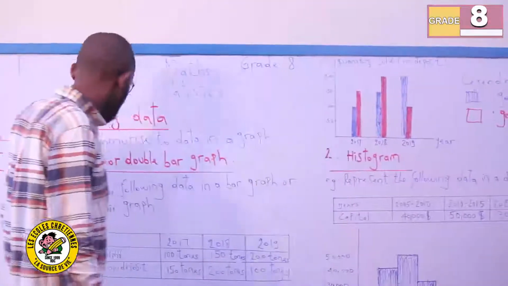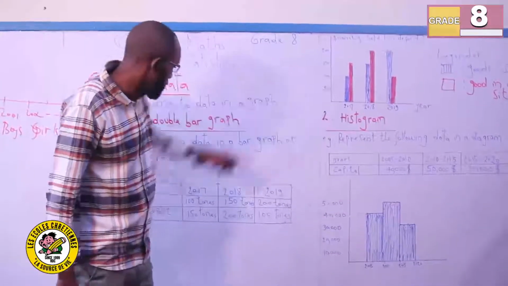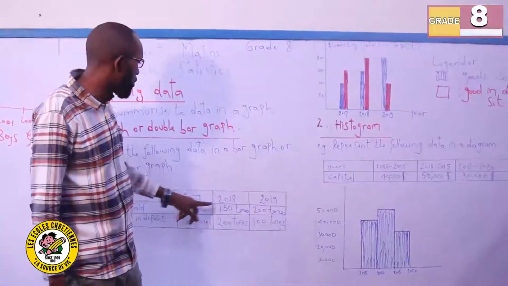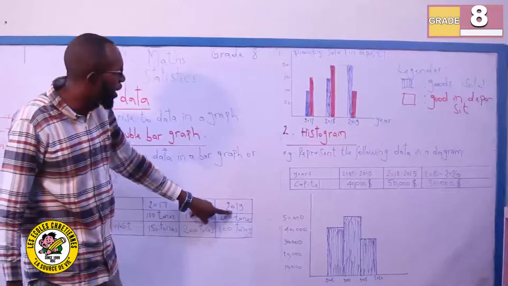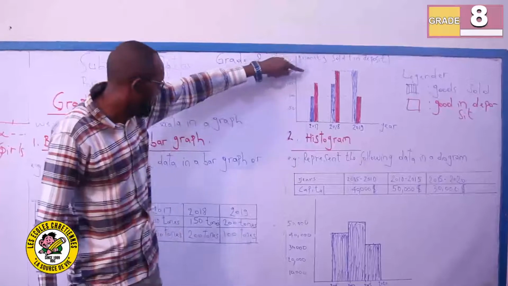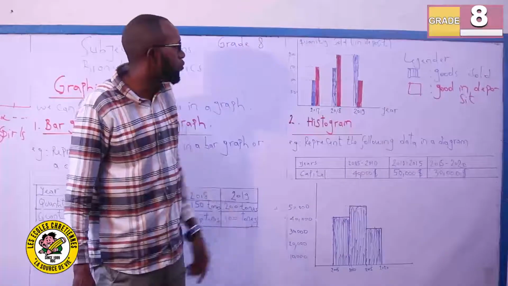So you see here 2017, 100, 2018, 150, 2019, 200, you see, in blue.